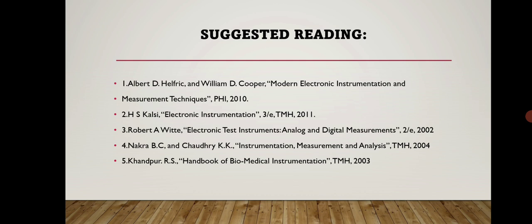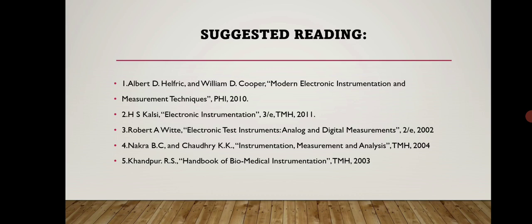What are the suggested books you are going to follow? There are various books listed here according to our university curriculum. The first one is Albert Helfrick and William Cooper, Modern Electronic Instrumentation and Measurement Techniques. You can follow this Cooper book. Apart from this, the second one is Kalsi, also an electronic instrumentation book which you can follow for this subject.